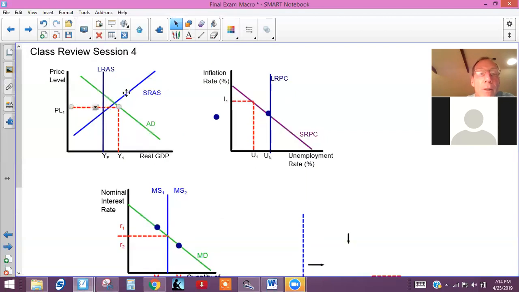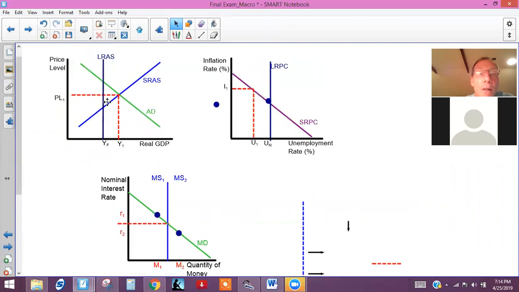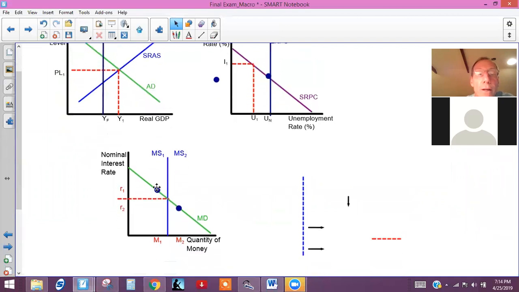So we're actually operating at a level higher than potential. So the Federal Reserve is going to want to close that gap, and what they're going to want to do is actually raise interest rates.